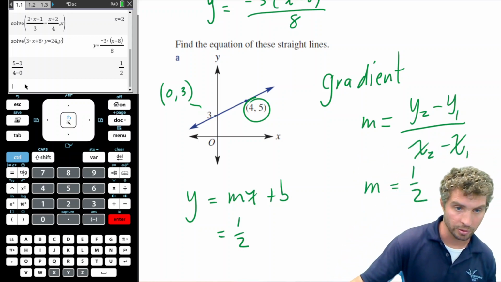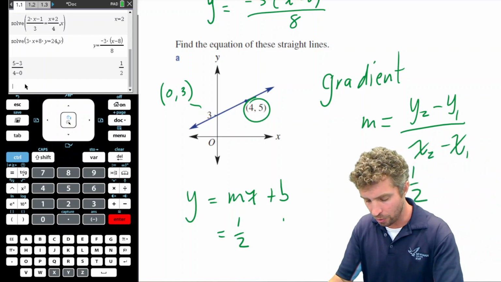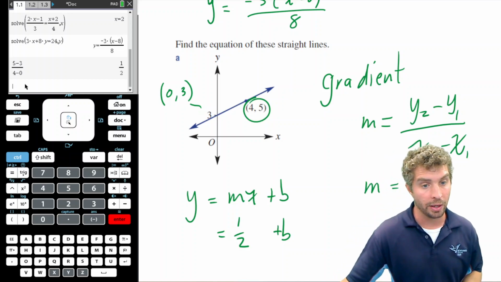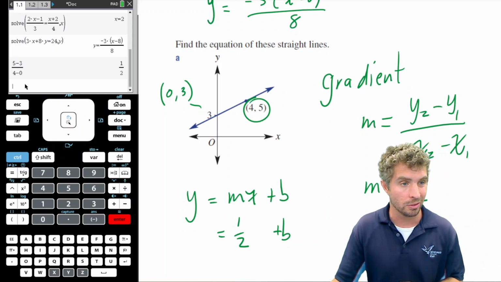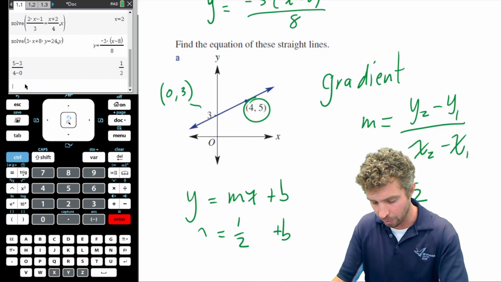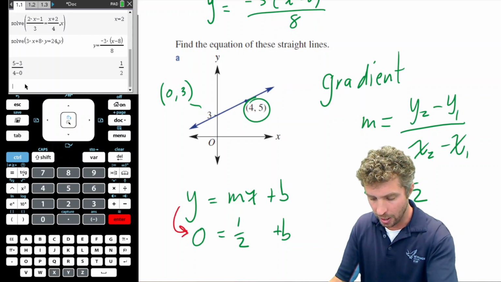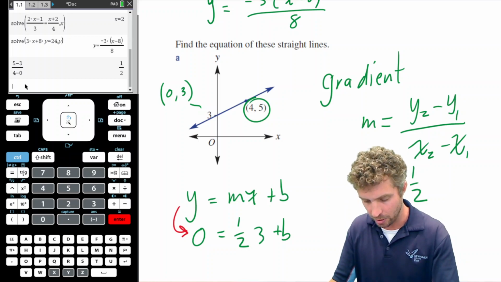Oh, sorry if I was covering that 1/2 before. I need to find the b, and I don't know the b, right? But I do know x and y pairs that can go into this. So I'm going to use the 0, 3, because 0 is always easy. That's the y. So I'm going to replace that 0 with y, like that. And I'm going to replace the x with a 3, like so.